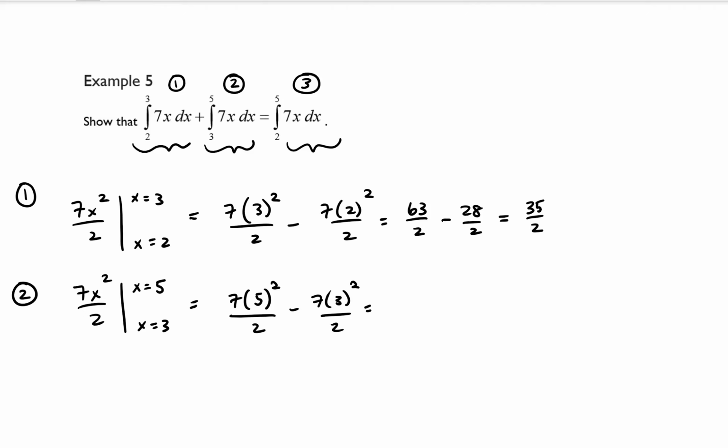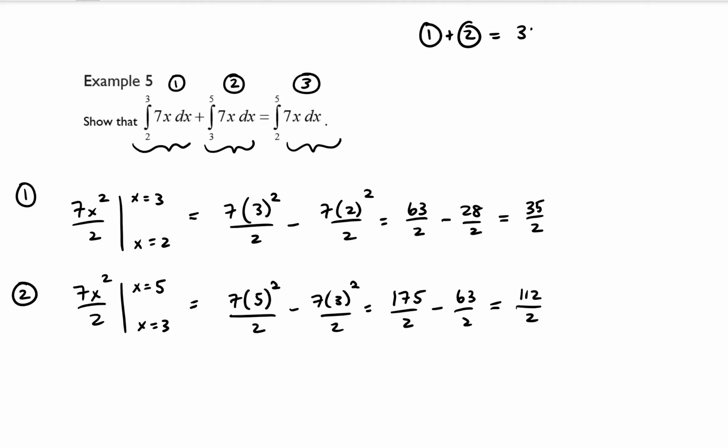All right, so 5 times 5 is 25, and 7 times 25 is 175 over 2 minus, we already calculated that term, and that was 63 over 2, and then 175 minus 63 is 112 over 2.